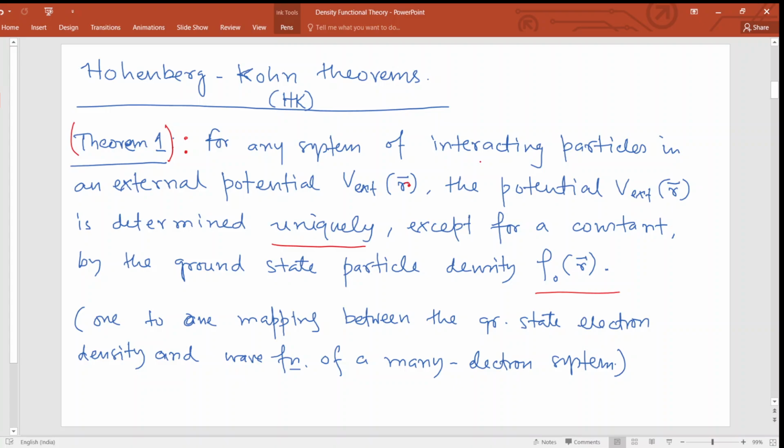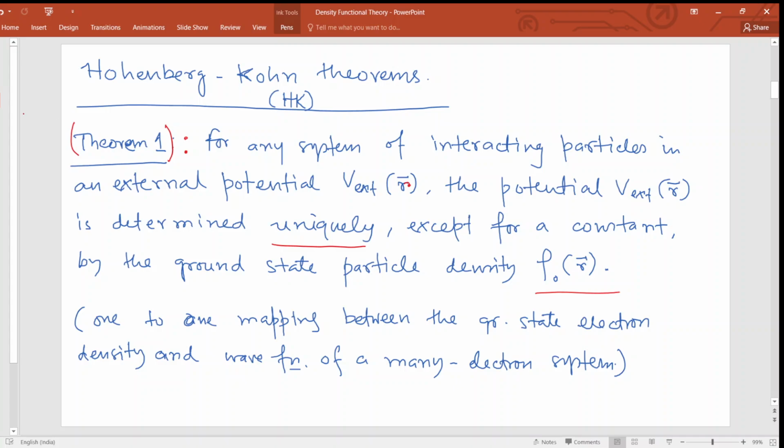However, the external potential under which these electrons are interacting has to be determined uniquely, which means that the functional form has to be unique. It cannot be 5 different forms. And that has to be precisely determined only by the ground state particle density.